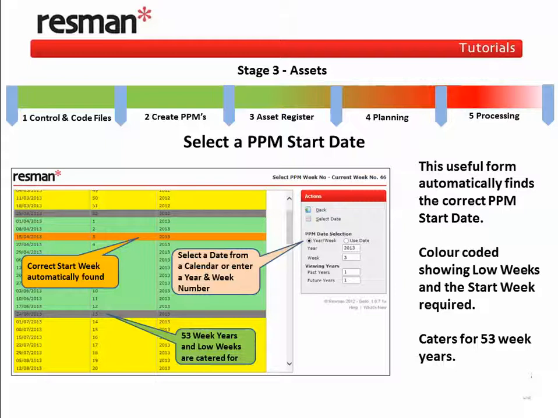We use the Select Date option and we're prompted with a message box confirming the usage of the chosen date. And that concludes the section on the PPM setup in relation to assets. We now need to go on to stage 4 of our PPM setup and consider the operation of planning.